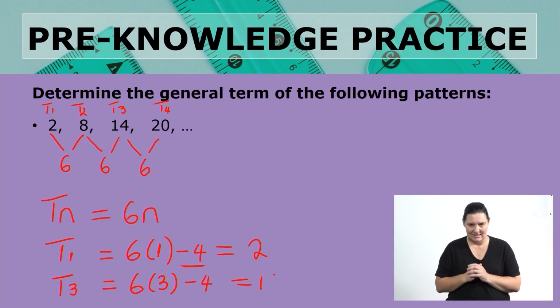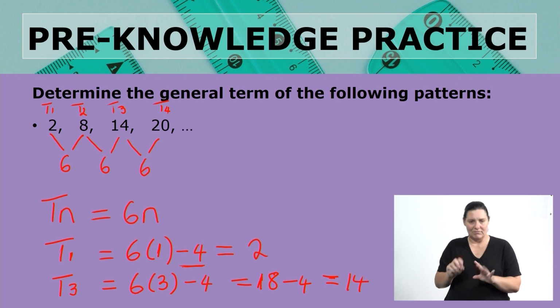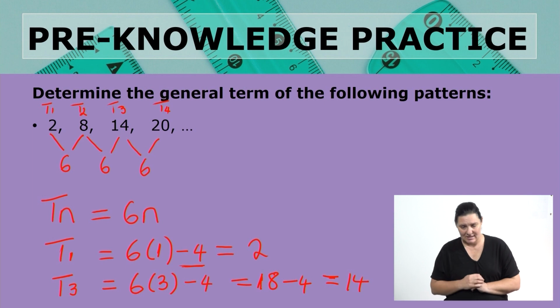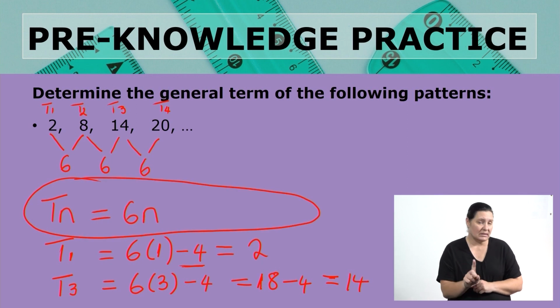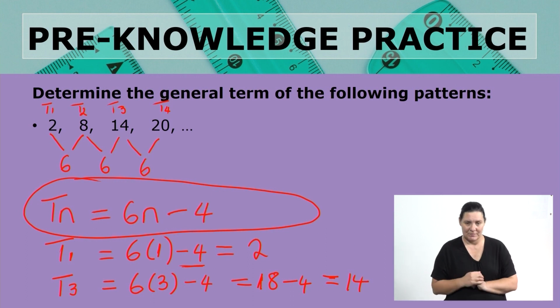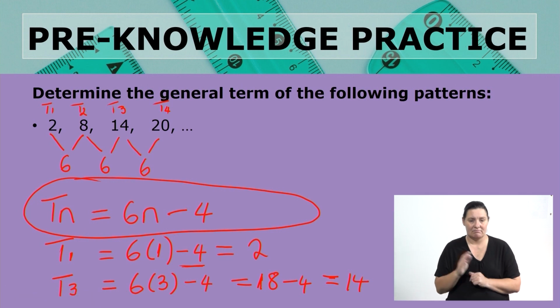That is 18. And when I minus 4 from that, that is going to give me 14. And when I look at my pattern, 14 is my third term. So that means that I am absolutely correct in saying that my general term is going to be Tn equals 6 multiplied by the term number, and we are going to subtract 4, and that is the general term of that pattern. Let's move on.